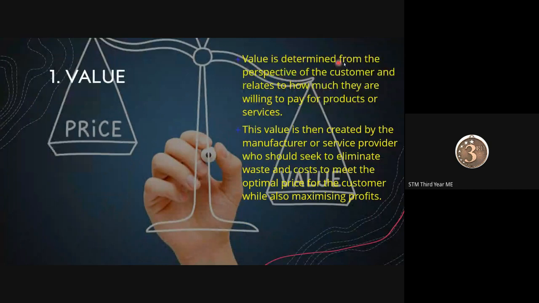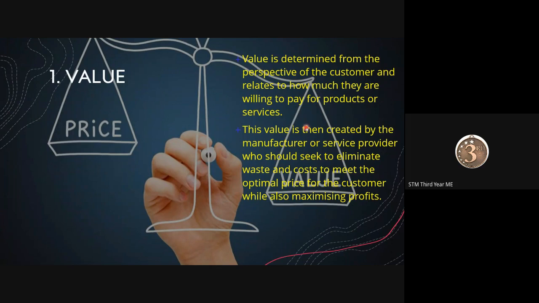Value is determined from the perspective of the customer and relates to how much they are willing to pay for the products or services. So it is always based on the customer's point of view, not the company's point of view. The company may say the product should be this quality or that quality, and it must earn such a profit.